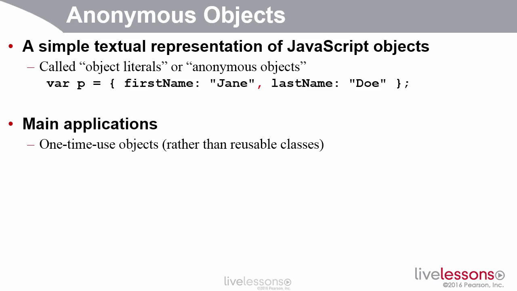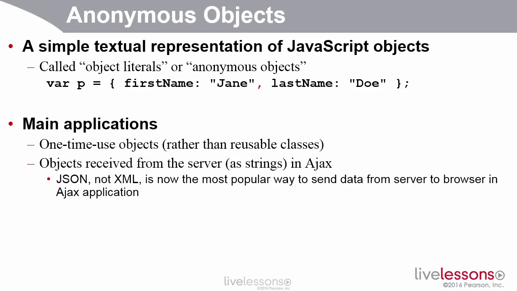But if I just have one little simple piece of data and I want to give it some field names, I can just group it together and surround it in curly braces, give the property names and the values with colons in between, and the pairs with commas in between. But even more important is when you're going to get objects from the server. So later we're going to discuss AJAX.